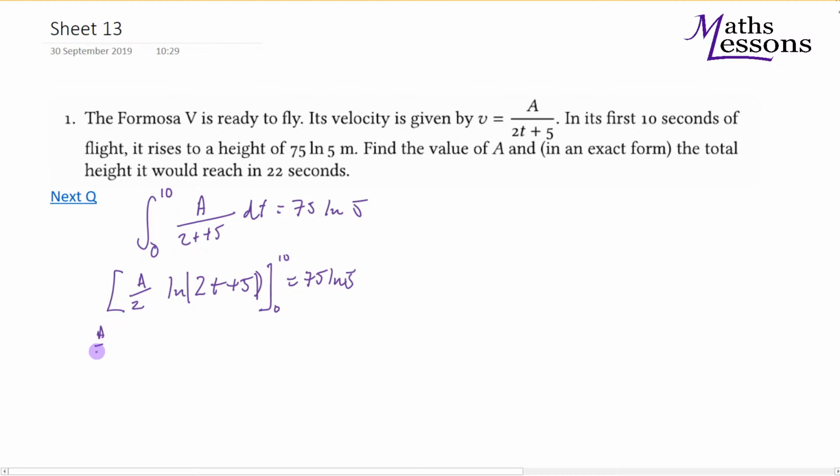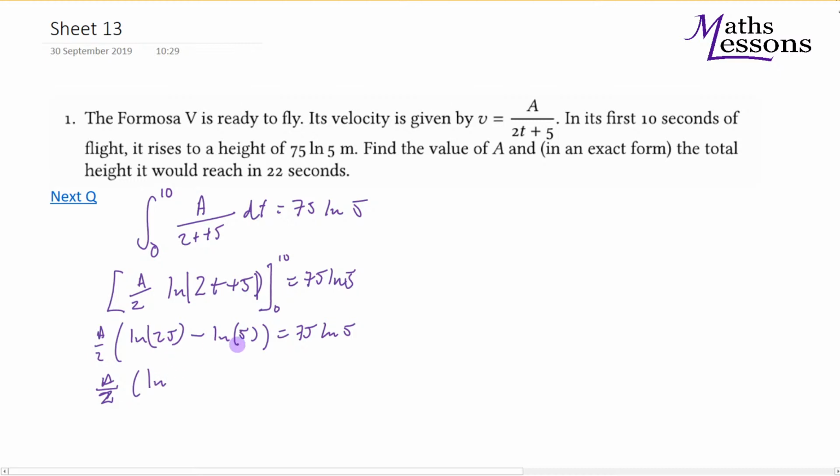So we get a over 2, and we might as well just take that as a factor. So we get 2 times 10 natural log of 25 when you add the 5 to it. And we're going to minus from that the natural log of 5, because 0 times 2 is 0 plus 5, natural log of 5, equals 75 natural log of 5.